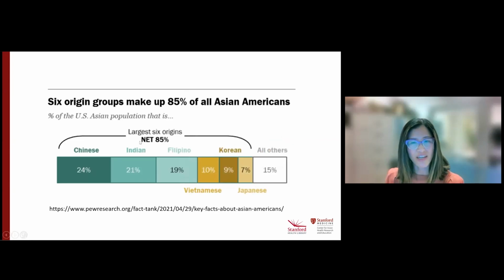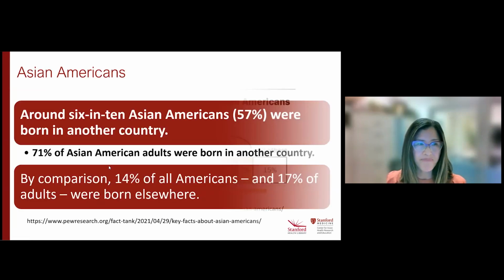There are certain groups that make up the majority of the Asian American population, and the top 3 origin countries include China, India, and the Philippines. And for that reason and other reasons, I'm going to be focusing on those groups.